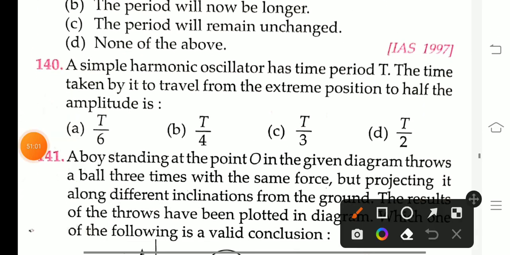A simple harmonic oscillator has time period T. The time taken by it to travel from the extreme position to half the amplitude is T by 6.